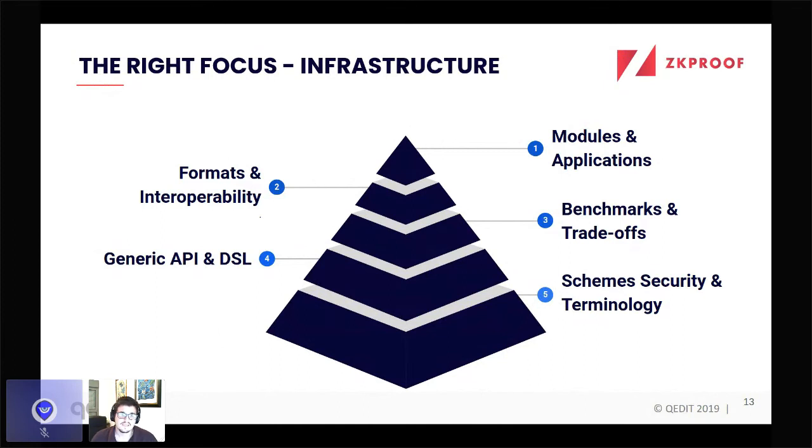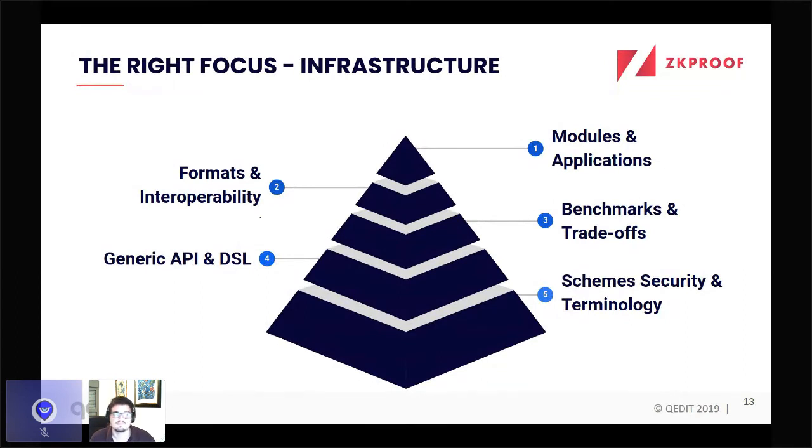And so it all starts from this base of the pyramid, where the scheme's security and terminology is established. And that's part of the infrastructure because people need to communicate. Then you have the APIs and the domain-specific languages that need to be built. And these can also be adapted and be more generic, right?